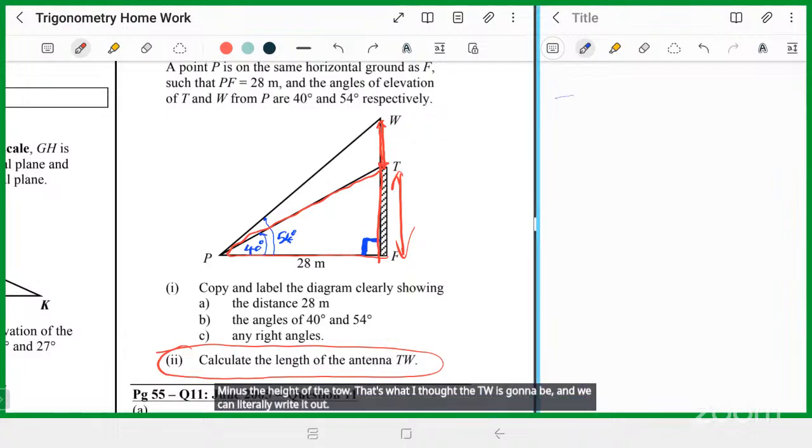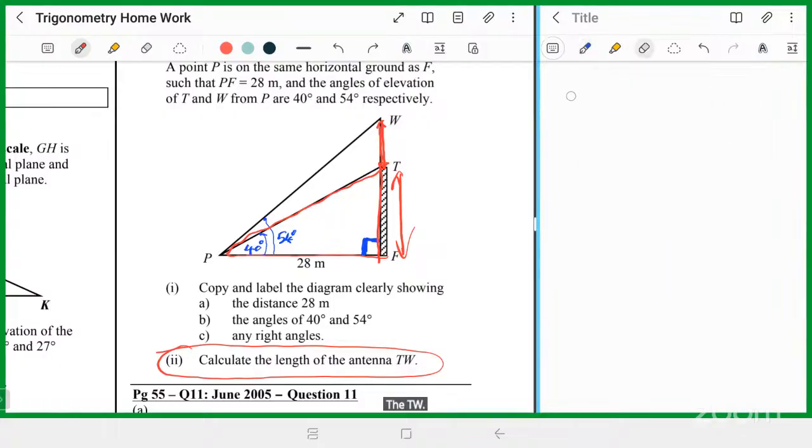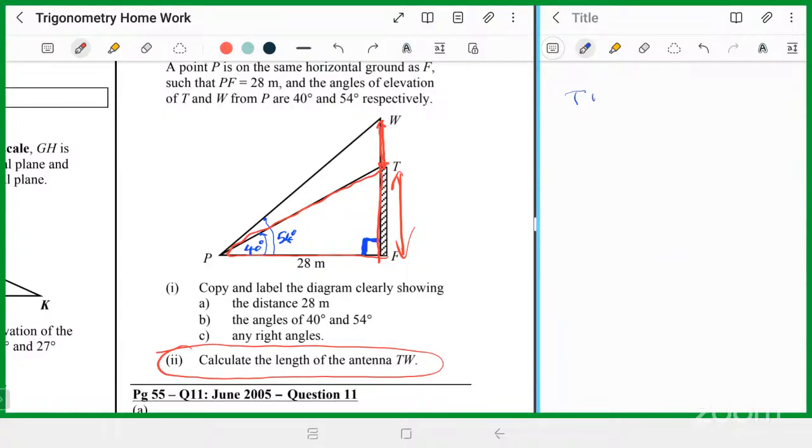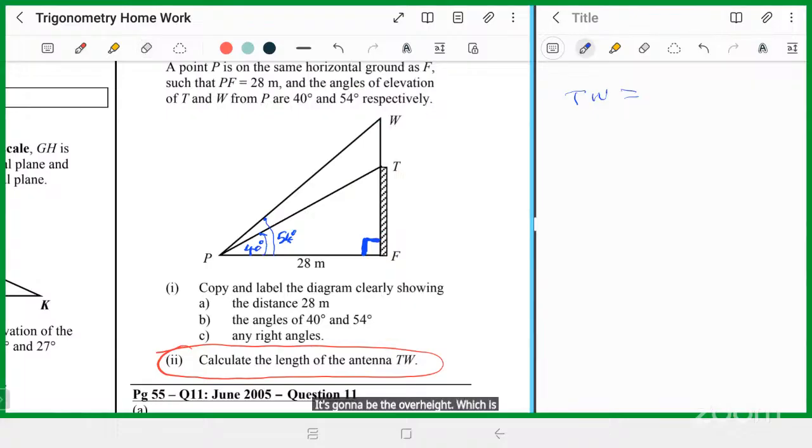TW is going to be the overall height, which is FW, minus the height of the tower, which is FT. That's how we're going to get the height of the antenna. So we need to work out FW, we need to work out FT, and subtract them.